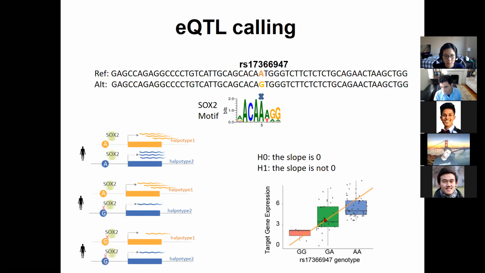And of course, the heterozygous individuals will be somewhere in the middle. But the question is, why are the heterozygous individuals in the middle? One reason might be that their G allele is in fact behaving just like the GG here, and their A allele is behaving just like the AA here.